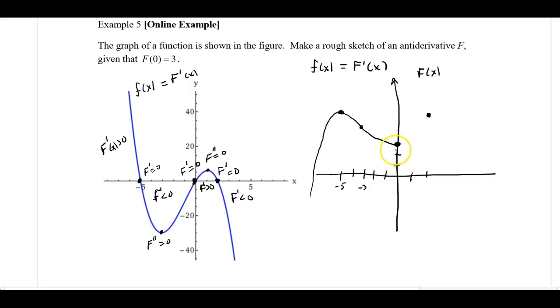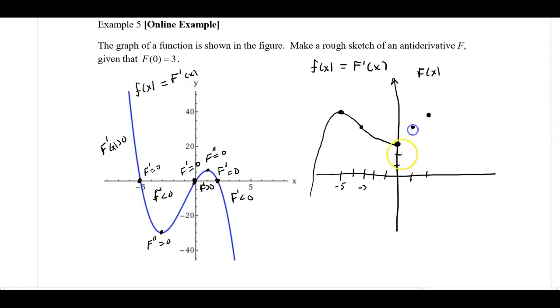All right, now at x equals 1, this is where the second derivative would be 0. We see that F prime is increasing, and then F prime is now decreasing. So we have it being concave up, and then it would be concave down. Therefore, at 1, there would be another inflection point, let's say maybe right about here.